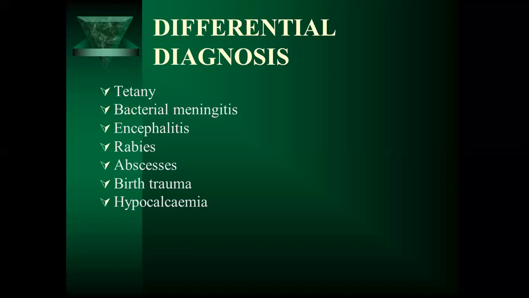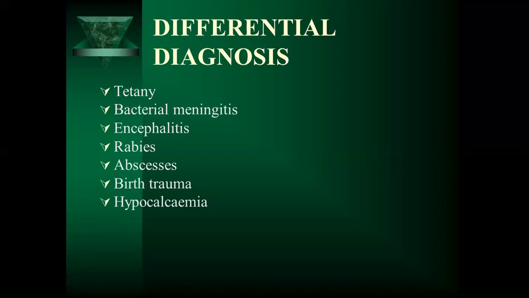Then there are some differential diagnoses when a patient with tetanus comes. You have to keep some differential diagnoses in mind. Not every child with stiffness has tetanus. There are tetany, bacterial meningitis, encephalitis, rabies, abscess, birth trauma, and hypocalcemia, which can look like tetanus. In hypocalcemia you find carpopedal spasm. With birth trauma and birth history there are seizures, so birth asphyxia.